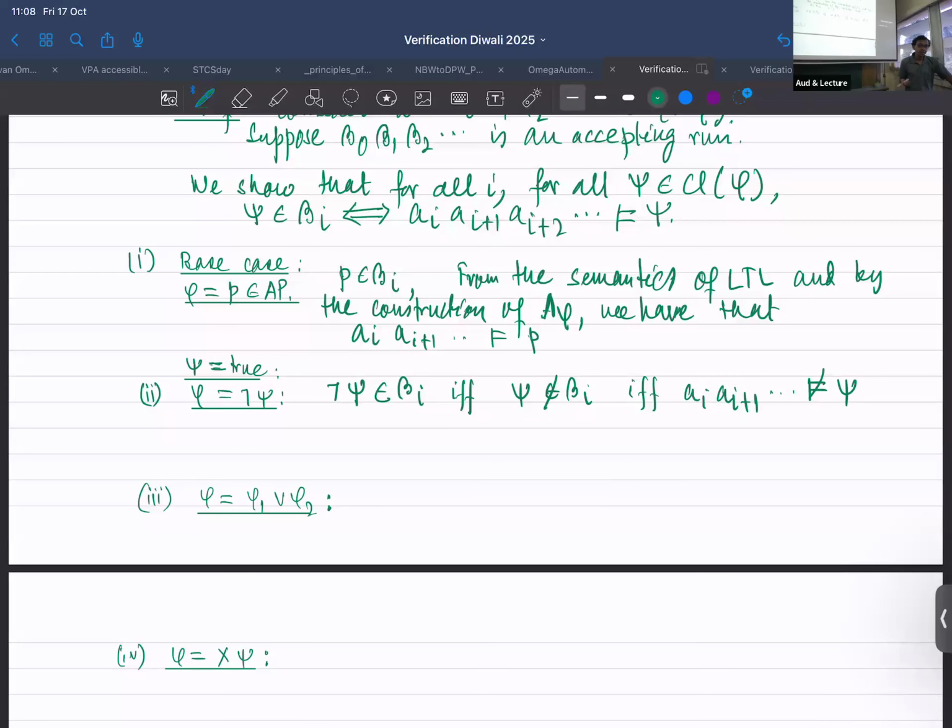This is by structural induction, by the induction hypothesis.